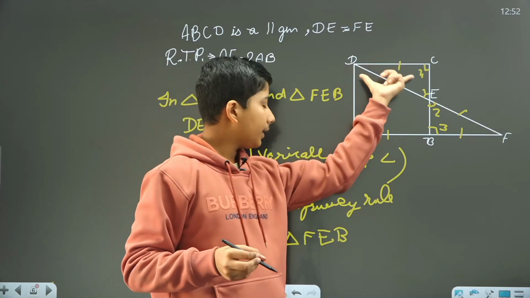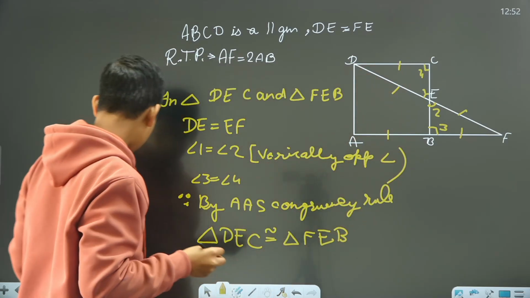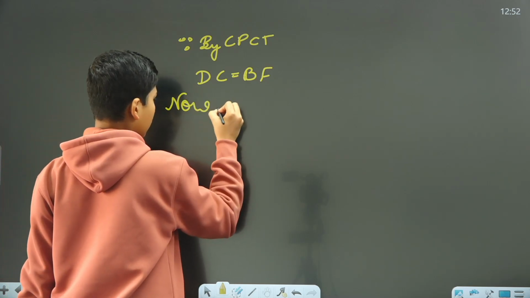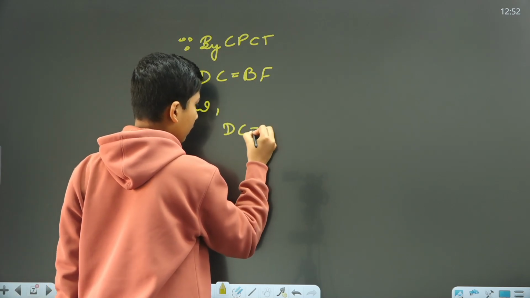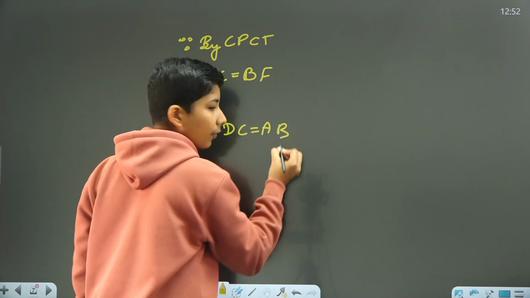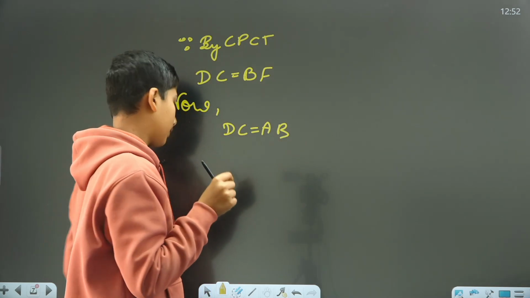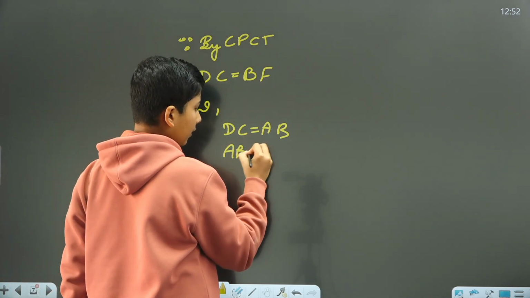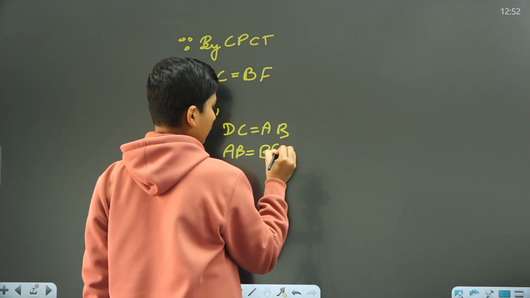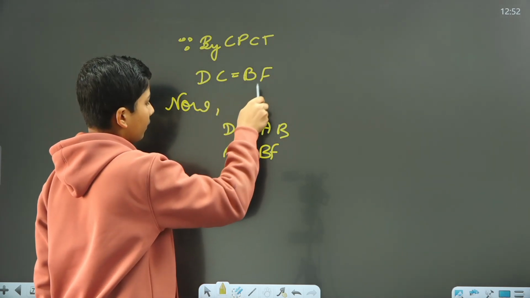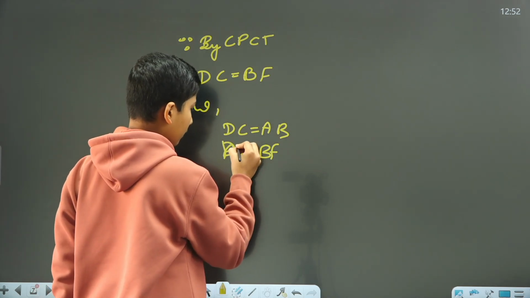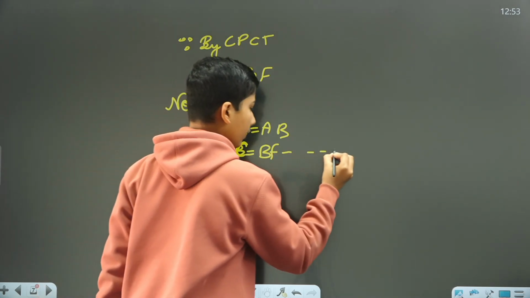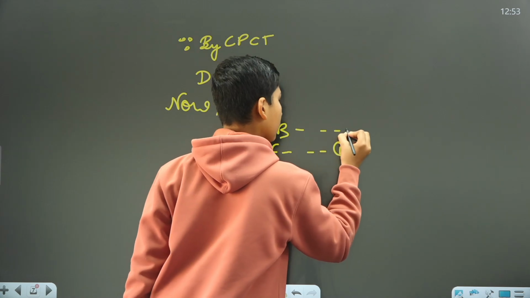We can see DC equal to AB. Why? Because it is a parallelogram. DC equal to AB, and DC equal to BF, already proved. So we will write 1, 2.